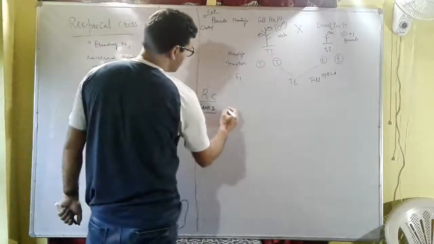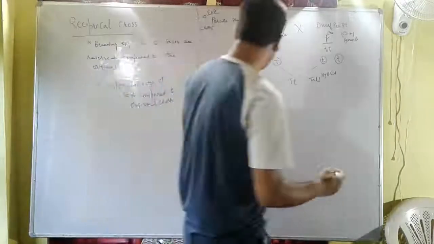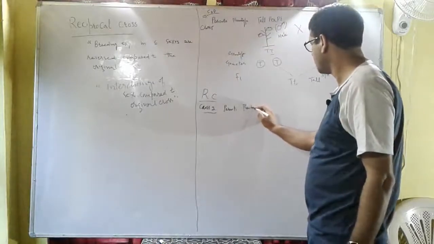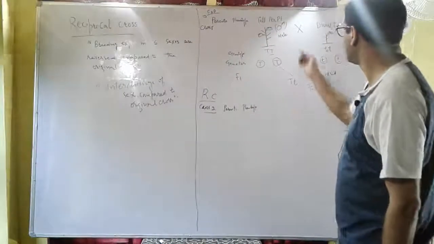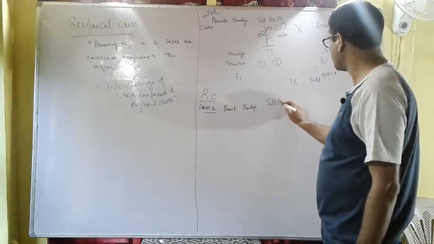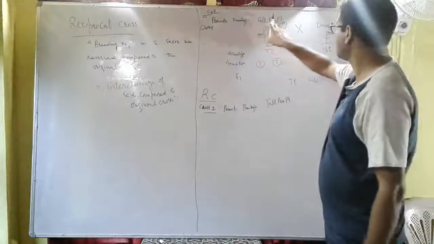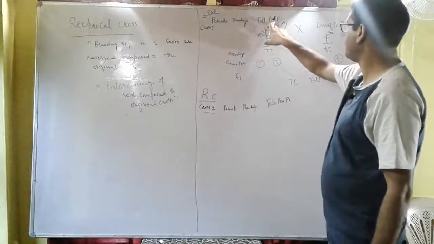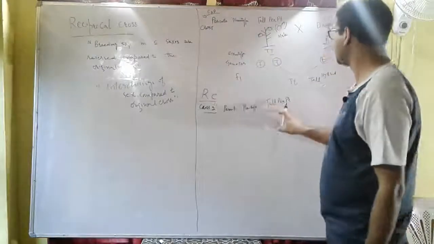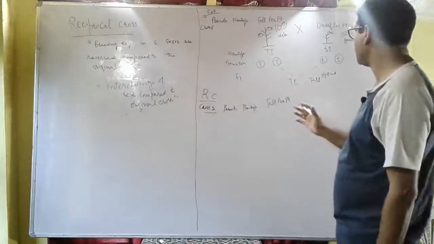Here we have parents. We will take the phenotype of the parents: tall pea plant. In the first cross we took it as a male parent; then in the reciprocal cross, we will take it as a female partner.